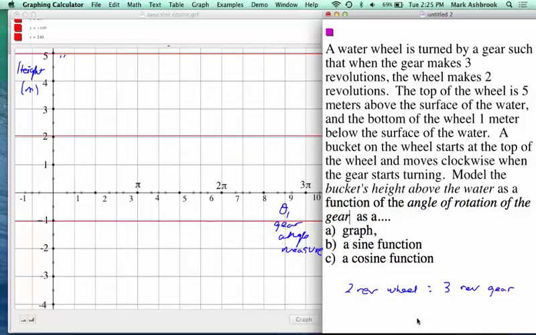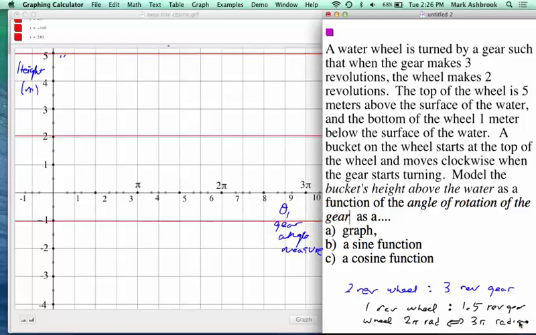So let's talk about radians. So when 1 revolution of the wheel is, would you agree, 1.5 revolutions of the gear? And so when the wheel goes 2 pi radians, the gear goes 3 pi radians.